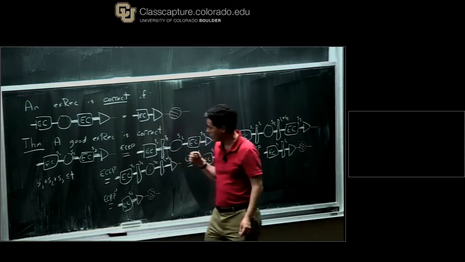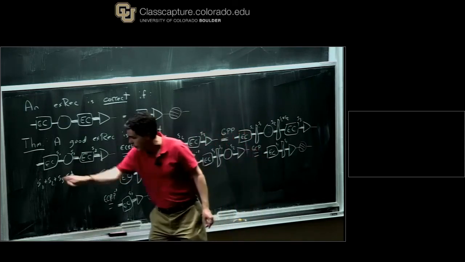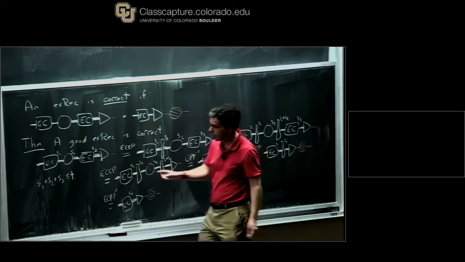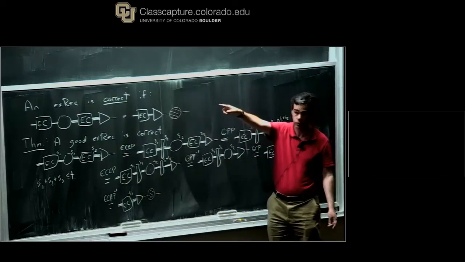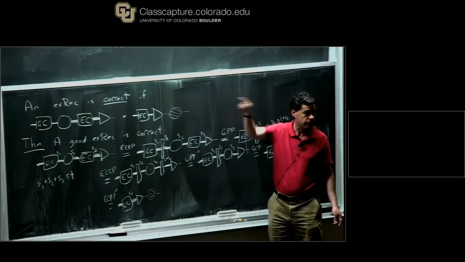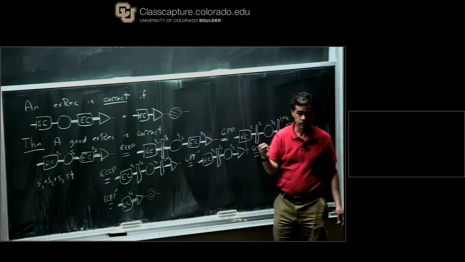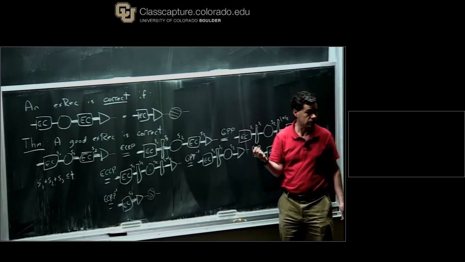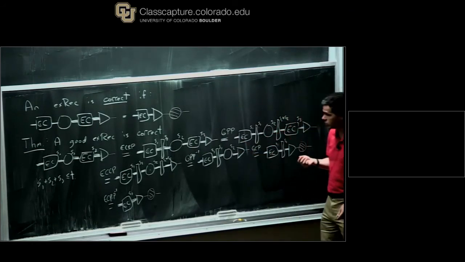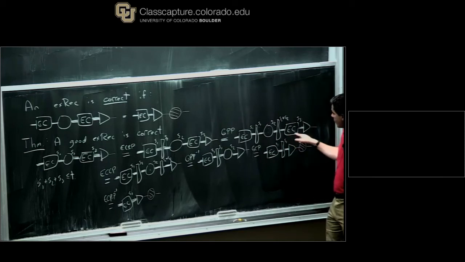Okay. And so, I didn't call it out explicitly, but we have been using this property at every step along the way, right? Because all of those correctness and propagation properties were dependent on the total number of errors being limited to t. And so in particular, at this step, we needed the sum, S1 plus S2 plus S3, to be less than or equal to t.